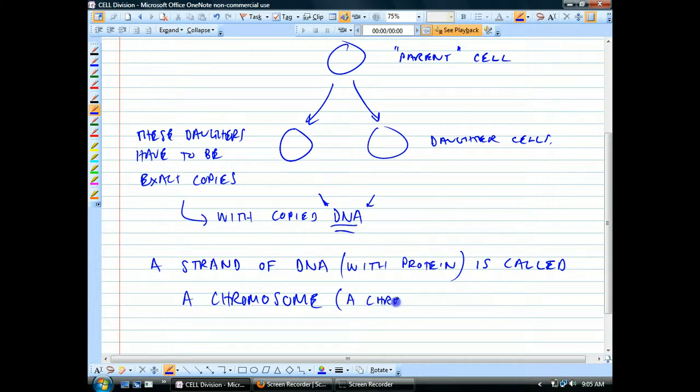A chromosome is made, and yes, scientists do intentionally try to confuse you. That's why they make all the words sound the same. It's made of chromatin, which is DNA and protein.